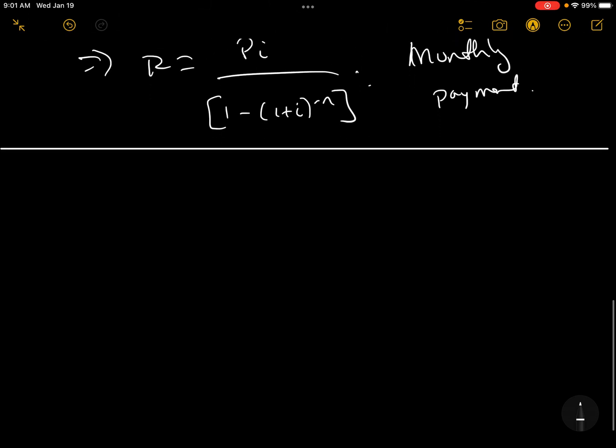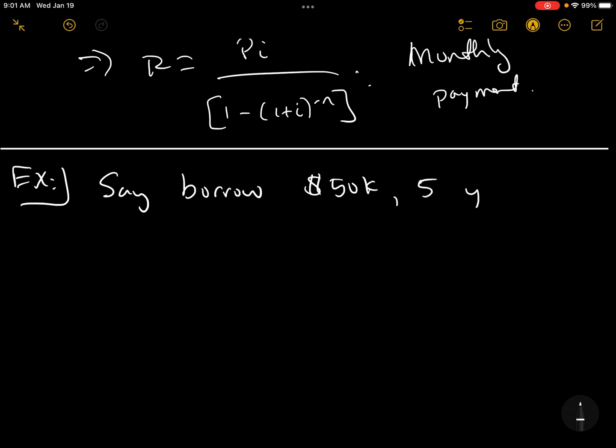And here we go, one example, and you'll see this is almost exactly the thing we've been doing. So let's say you borrow $50,000. You get a 5-year loan, and you pay back at 8% interest. And just to make the numbers kind of easy, we'll up it in the homework and other examples.